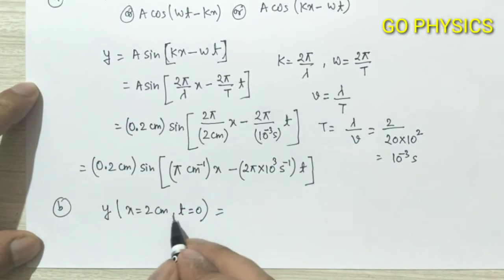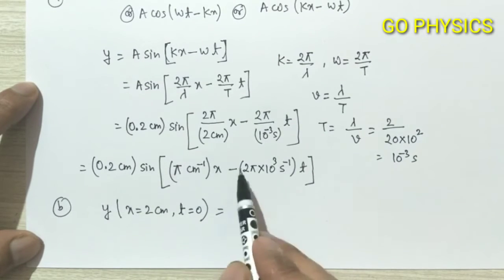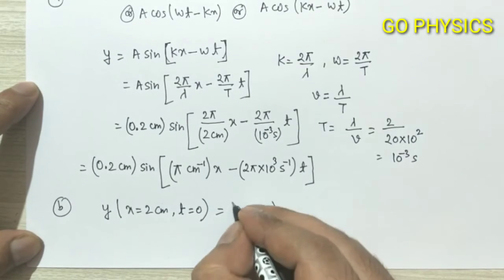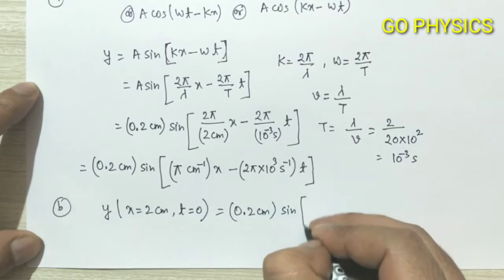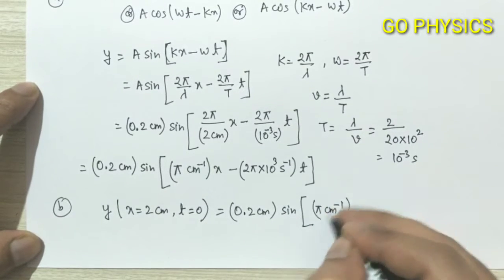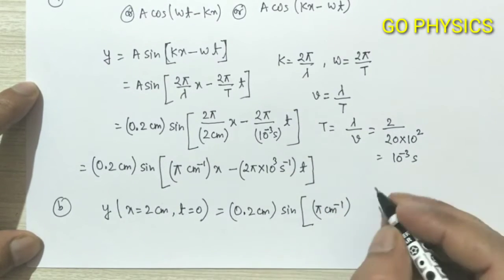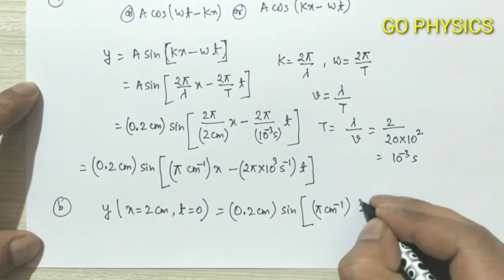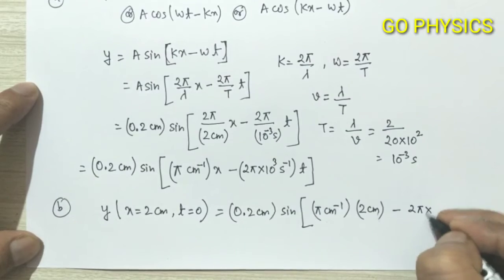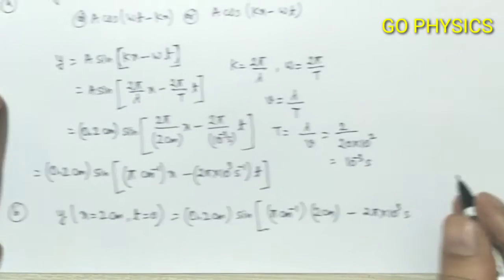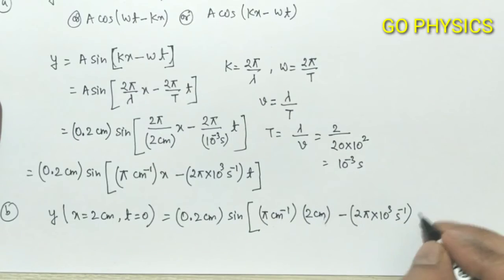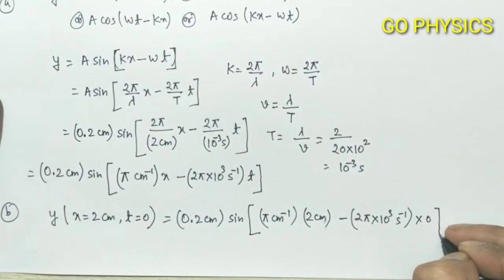So we will substitute these values in the equation we got earlier. So 0.2 centimeter sine (pi centimeter inverse into x, at x equal to 2 centimeter, minus 2 pi into 10 to the power 3 second inverse, and time we have put 0 second, so into 0).